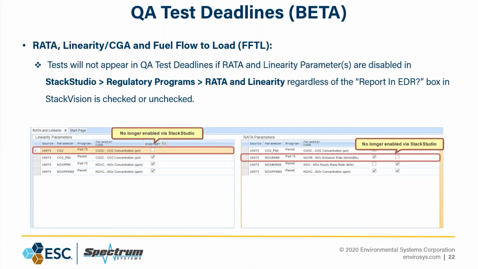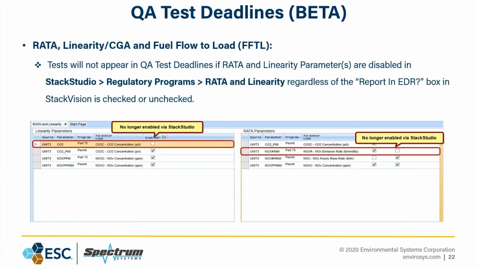So also RADA and linearity and CGA and fuel flow to load parameters. These tests will not appear in QA test deadlines if the RADA and linearity parameters are disabled in Stack Studio. So as previously mentioned, the functionality for the report in EDR box in StackVision, whether it's checked or unchecked, will appear in QA test deadlines.